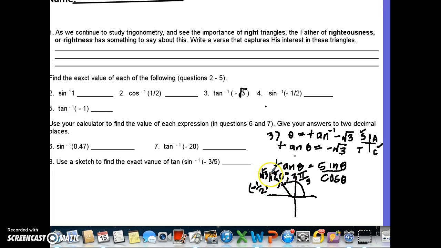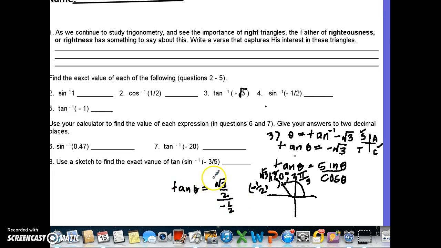So now when we do the tan, which would be the sine or the y-coordinate over the x-coordinate, we'll get the tan. I'm just going to write this down here. Tan of that angular position will be negative root 3 over 2. I'm sorry, not negative root 3 over 2, root 3 over 2, because the sine is positive here, over negative 1/2. Here's where we have the negative. And to divide by a fraction, we multiply by the reciprocal.